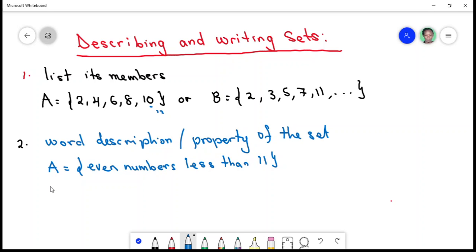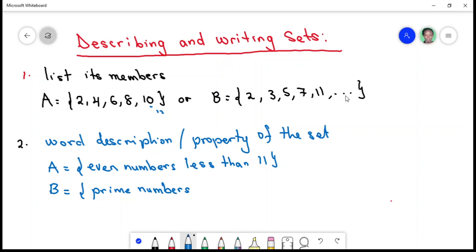If I take my B, what do I have? You realize that you have prime numbers. So with B, if you look at the pattern, it is prime numbers. But it goes on and on. So we have a set of prime numbers.